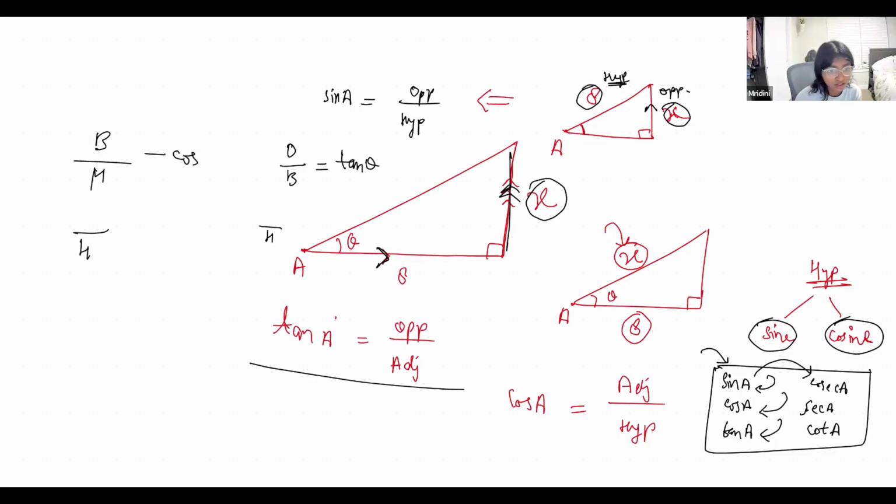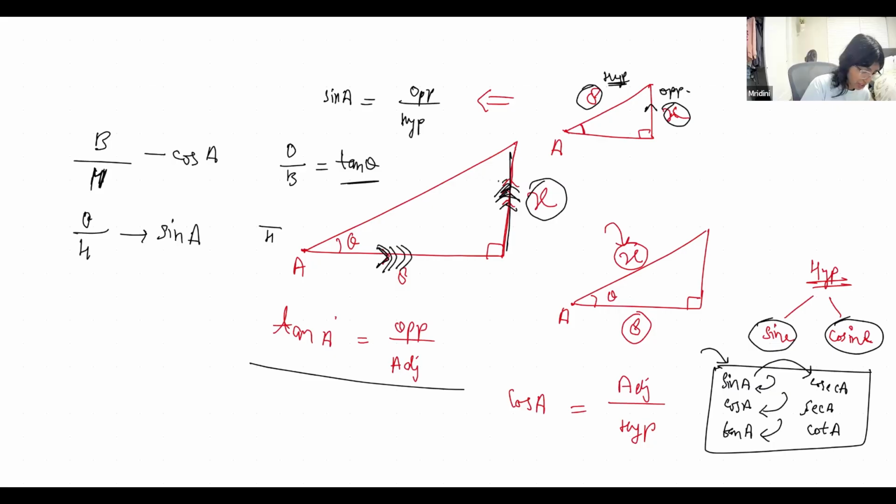If the opposite is given, that will be my sine. So the hypotenuse is related to cos and sine. If we have base and hypotenuse, cos will be there. If opposite and hypotenuse, then sine. If the hypotenuse is not involved and we have only opposite and adjacent, just take tangent.